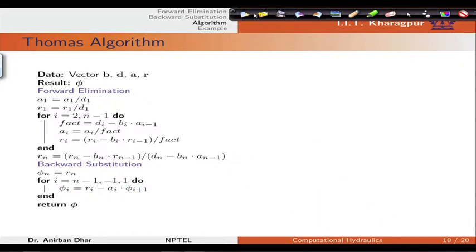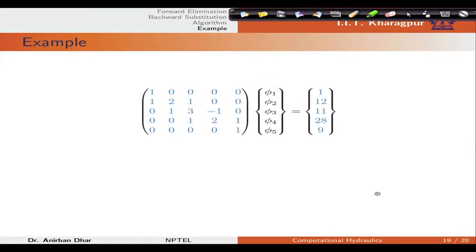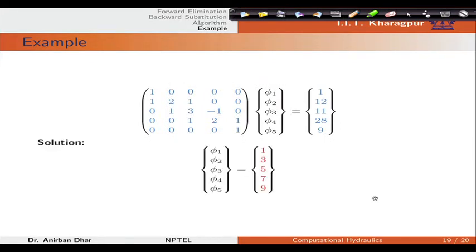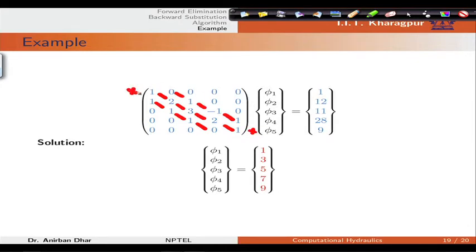Now, in this case we can again utilize our standard example because this is having a diagonal structure. So, in this case we can utilize the concept, this first one is not available.